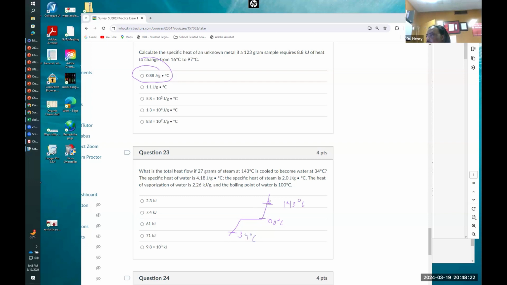Okay, so from this range, we're going to be using Q equals what? You guys remember the equation?